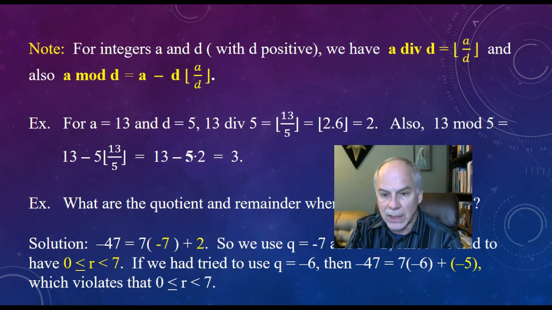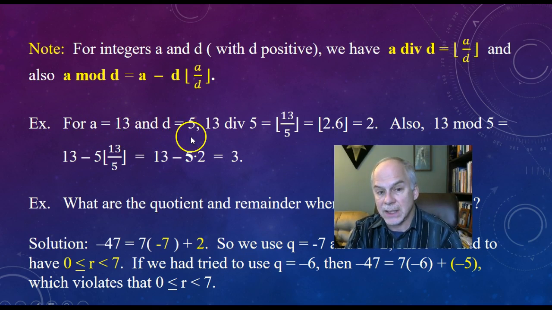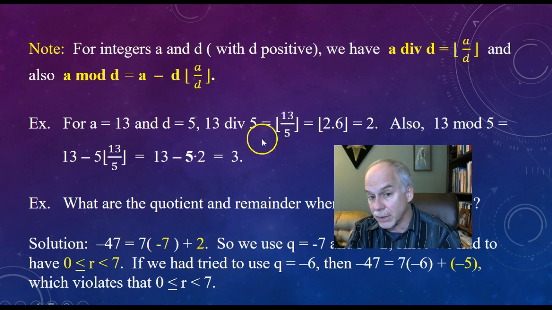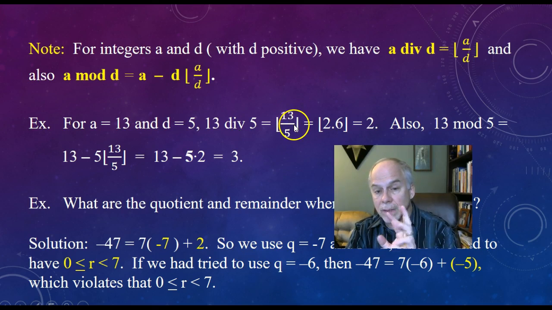That's just like in this next example, and you realize it was so close to it, but a is 13 and d is 5. So 13 divided by 5, that is really the quotient only, not the remainder, because div gives the quotient. But the floor function for 13 over 5 would be the floor function for 2.6, which is 2. Right?